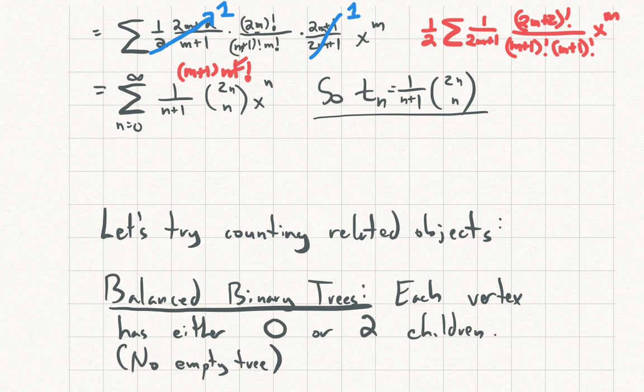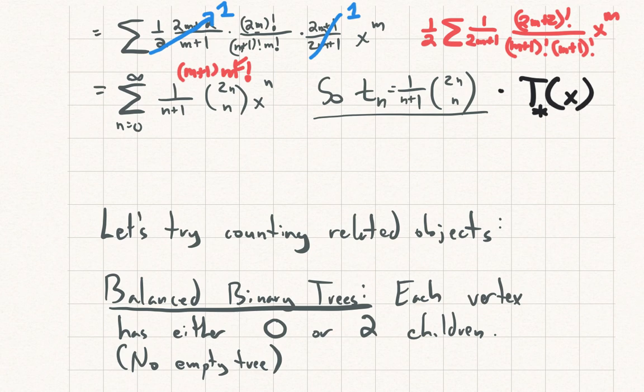We have that for our generating function T star of x, each of these coefficients is given by 1 over n+1 times 2n choose n. So that is very, very nice.